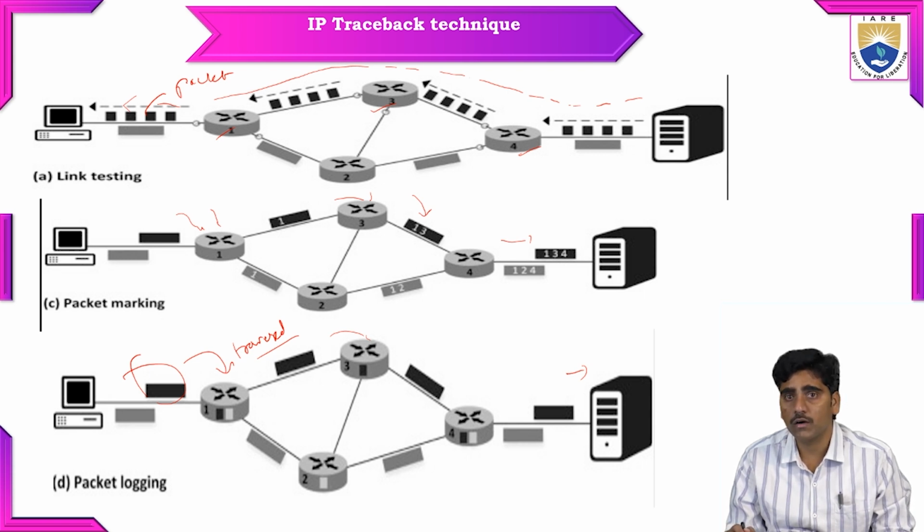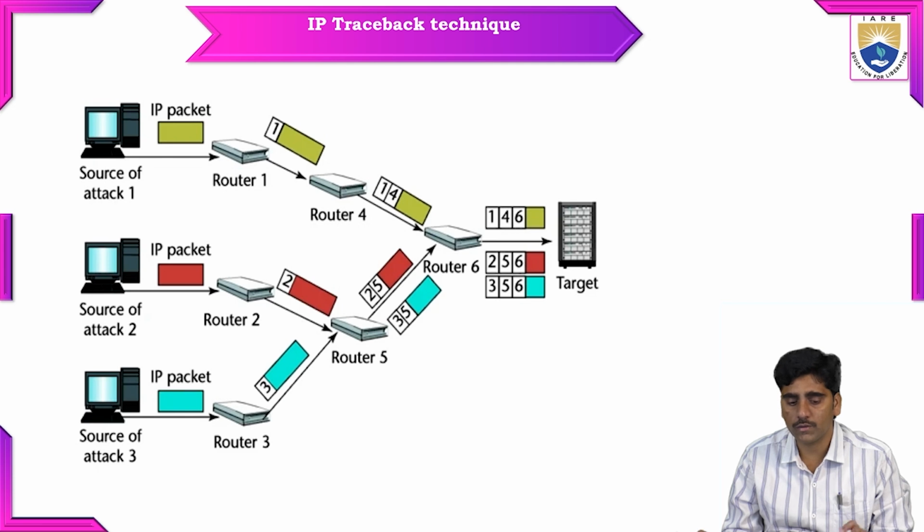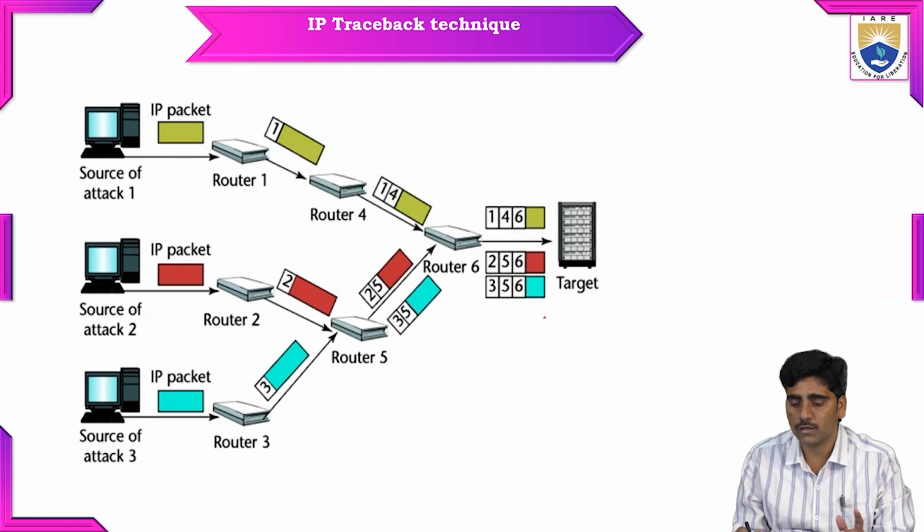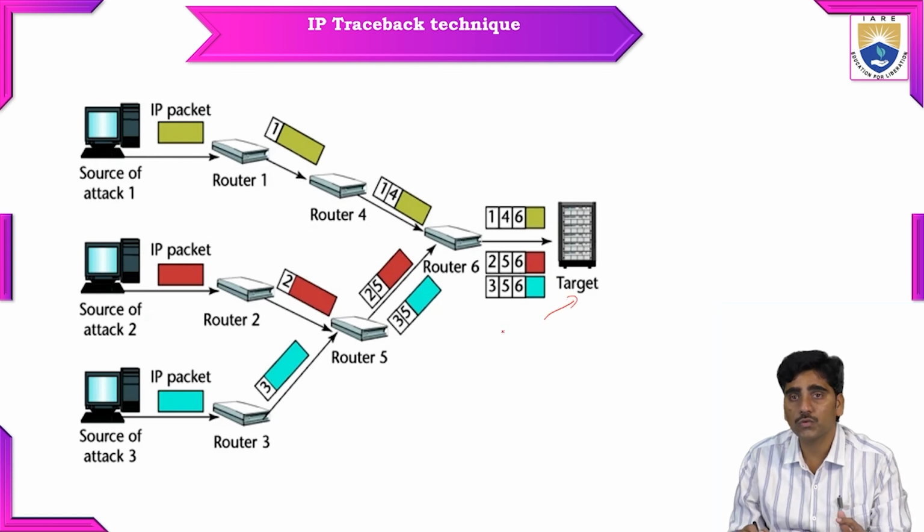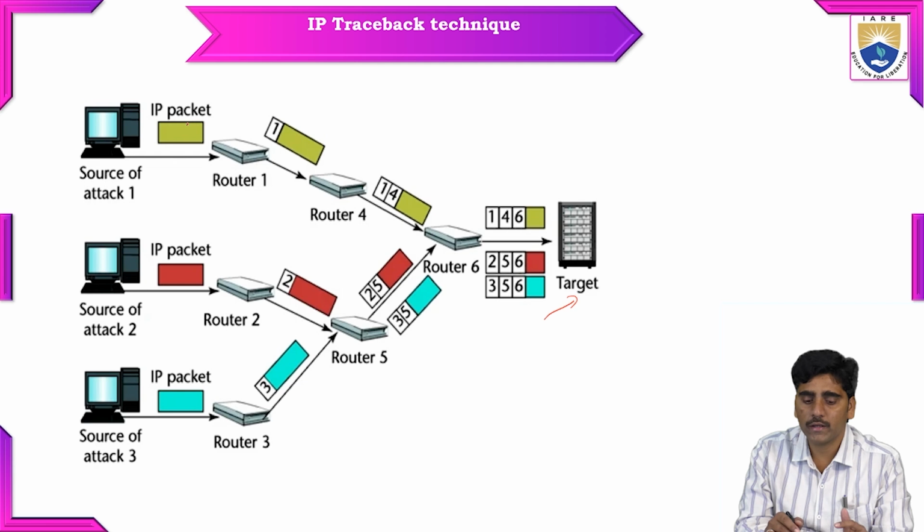At this moment we have to understand that IP traceback is a mechanism to identify the attacker's identity as well as path characteristics, from where it is being attacked and from where it is going to be recovered. Here we can see the source of the packets and the target of the packets. This is the source of the packet, and the IP packet is forwarded to router 1.